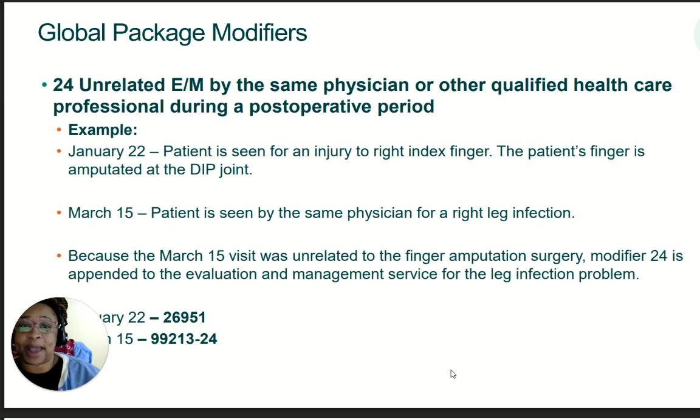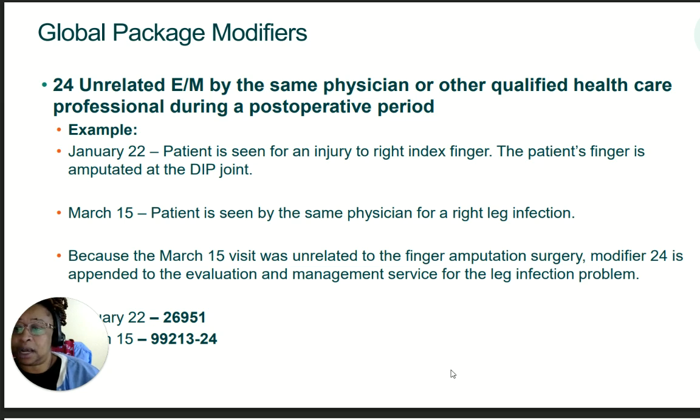All right, global package modifiers. Let's continue. We have, for example, the 24 modifier, meaning unrelated to E&M by the same physician or other qualified healthcare professional during a postoperative period. Example: January 22, patient is seen for an injury to the right index finger. The patient's finger is amputated at the DIP joint.